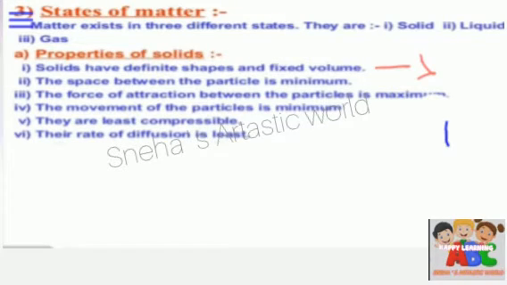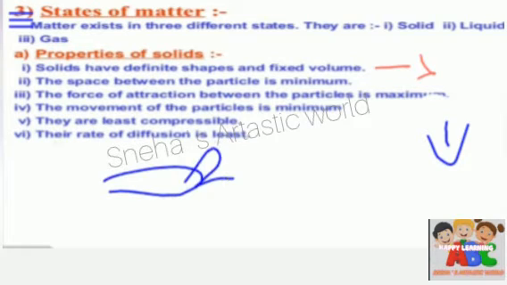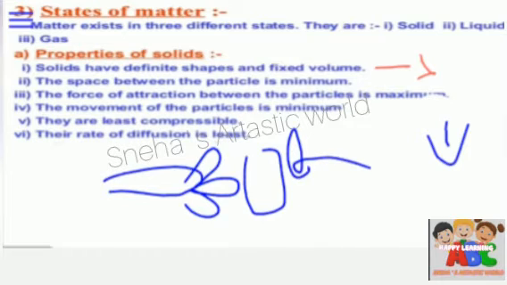Compressibility means, you can see, this is a hand. I put it on a box, it's also a hand, and I compress the box. The box does not change shape, because the compressibility is very least in solids.